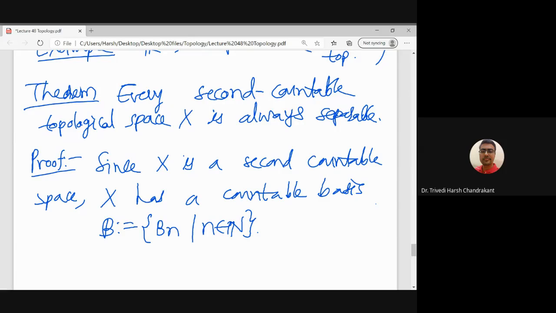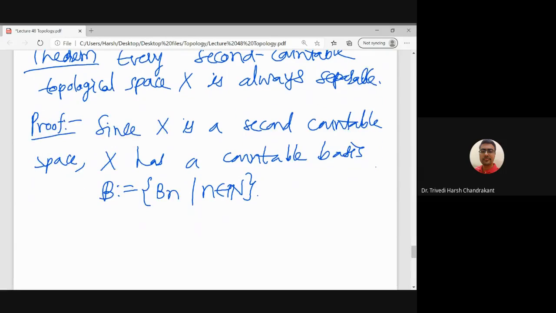Since X is second countable, it has a collection of basic open sets, and that collection itself is countable, right?